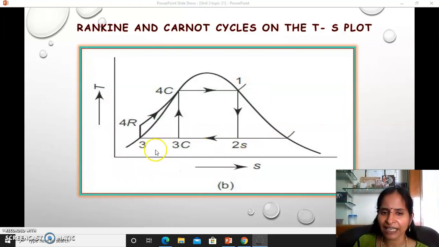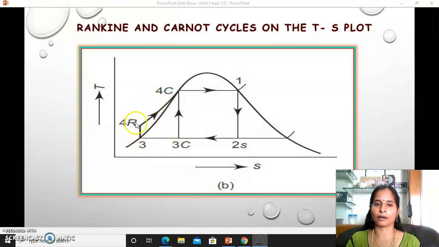Okay, here you can see very clearly that 1, 2s, 3c, 4c constitutes the Carnot cycle. But here this is the heat supplied. The net work done by the Carnot cycle is 1, 2s, 3c, 4c, but extra work is done in the Rankine cycle with 4c, 3c, 3, 4R.